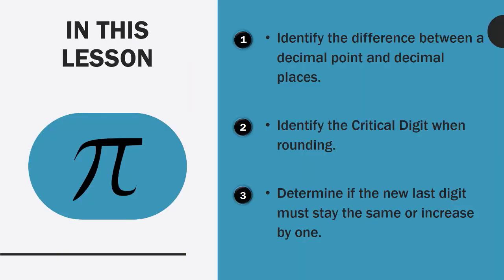So firstly, we're going to talk about the difference between a decimal point and a decimal place, okay? And we're going to learn how to identify critical digits, okay? And we're going to look at the new last digit when we round. We're going to talk about whether it needs to increase by 1 or it needs to stay the same.